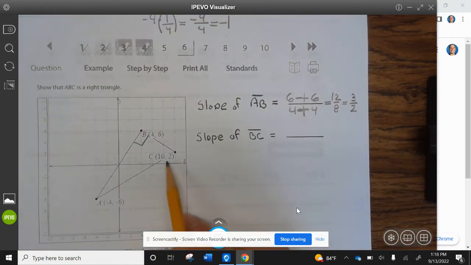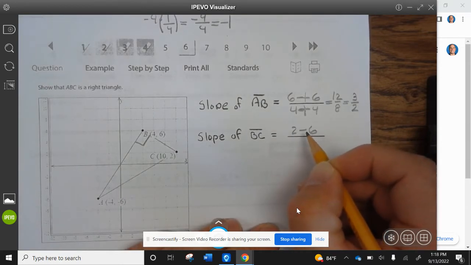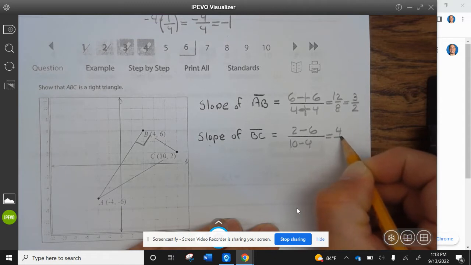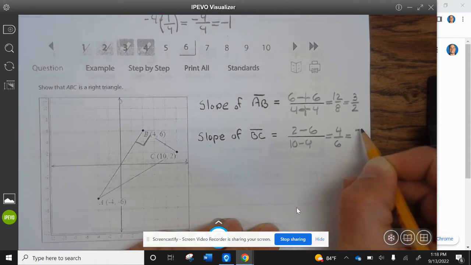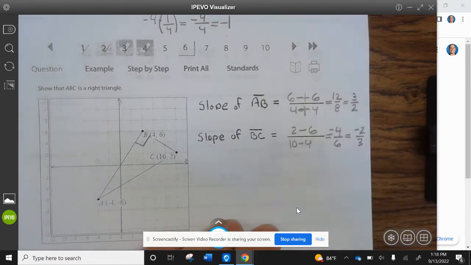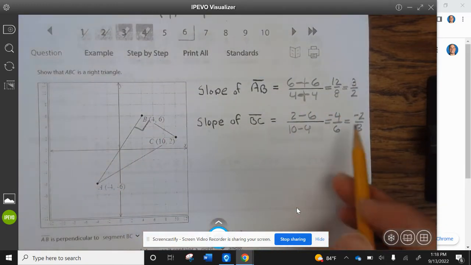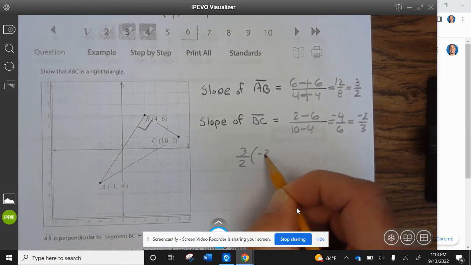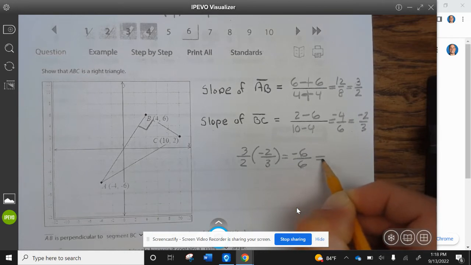Now BC, we do 2 minus 6 divided by 10 minus 4, which gives us -4 divided by 6, which is -2/3. Now, if these are perpendicular, when we multiply these together, we'll get -1. So 3 divided by 2 times -2 divided by 3 is -6 divided by 6, which is -1.